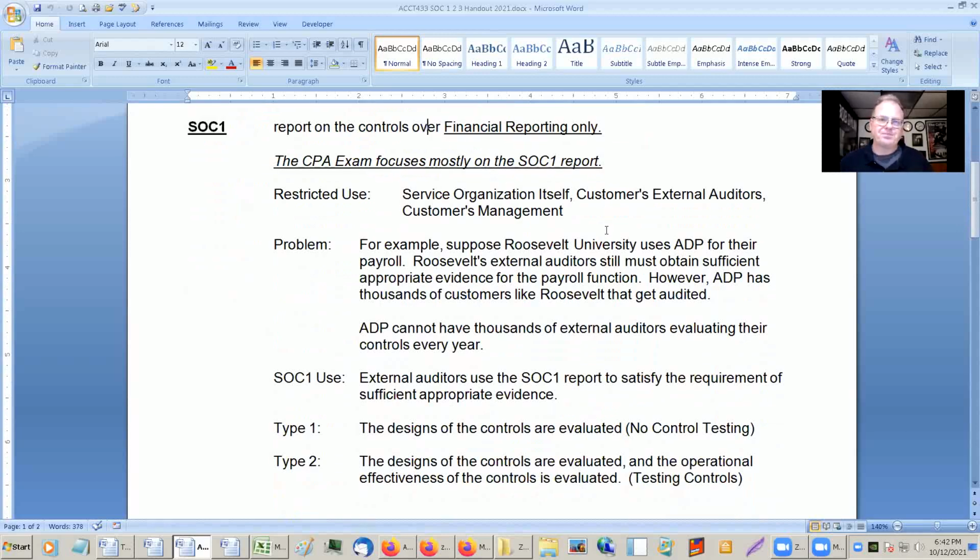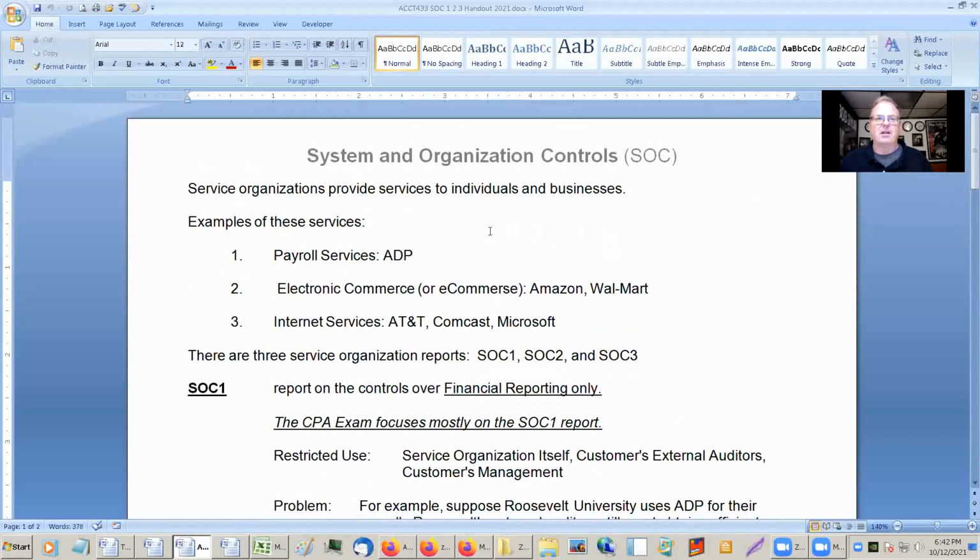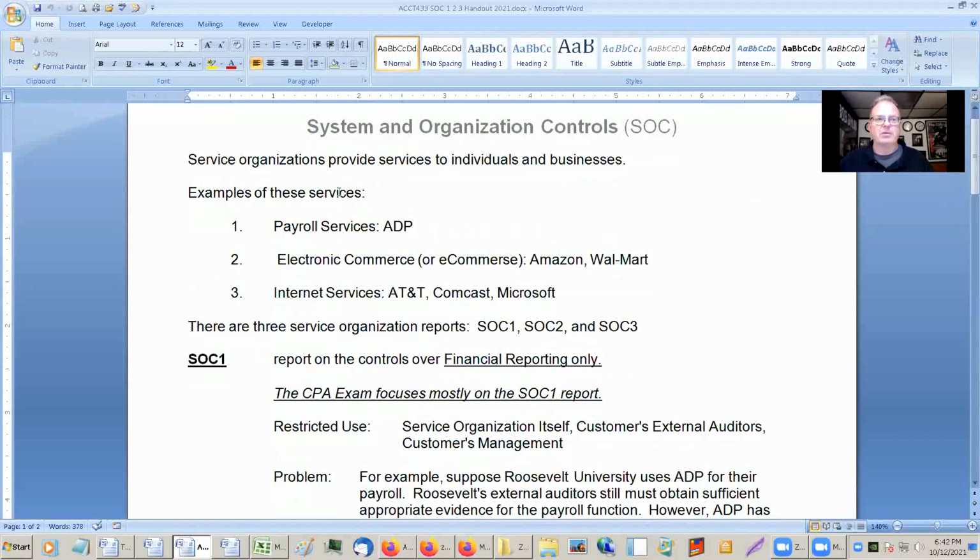This is mostly for the service industry, service organizations, companies that provide services. They might do payroll. They might do your internet services. They might do your e-commerce. It's when you farm something out to people on the outside.